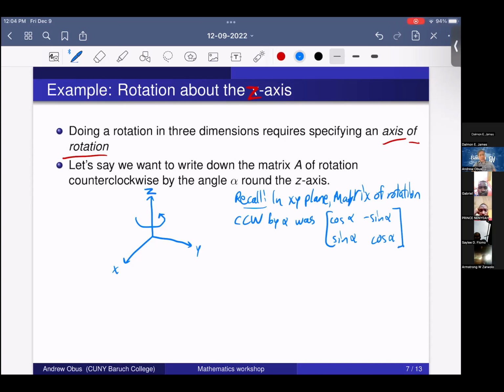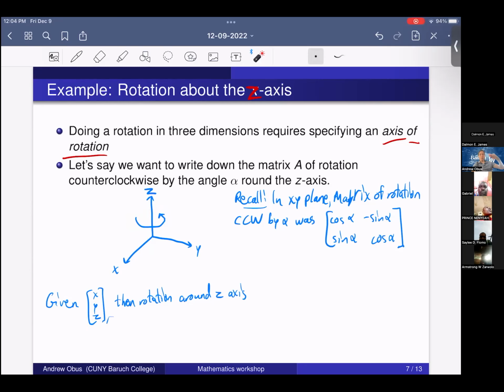So what happens in XYZ space? Well, if I'm given some vector, which I'll call, I don't know, X, Y, and Z, then rotation around the Z-axis, does it change Z? Well, it doesn't change the Z coordinate at all because we're rotating it around the Z-axis. So everything is staying at the same height.